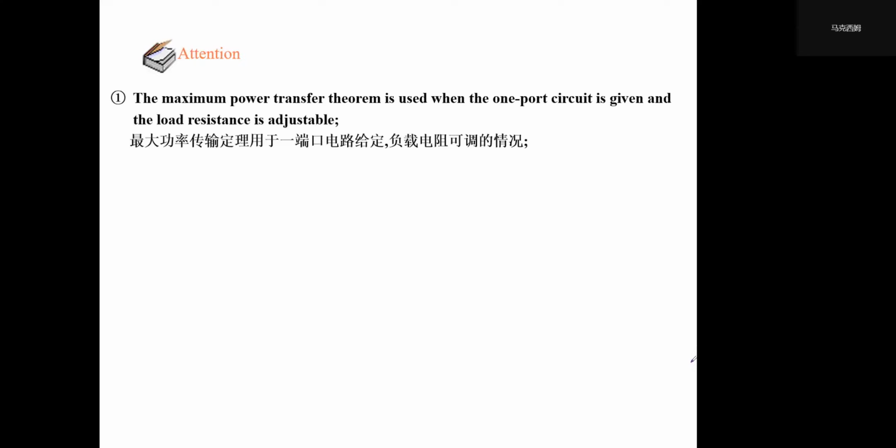And we know something we should pay attention to. The maximum power transmission theorem is used when a one-port circuit is given and the load resistance is adjustable. If your load is stationary and you can't change it, there's no such thing as maximum power transmission.